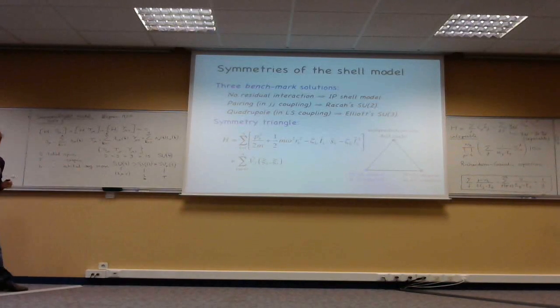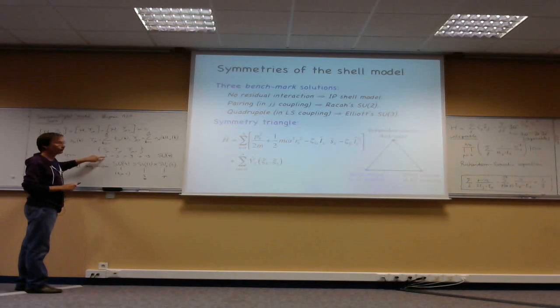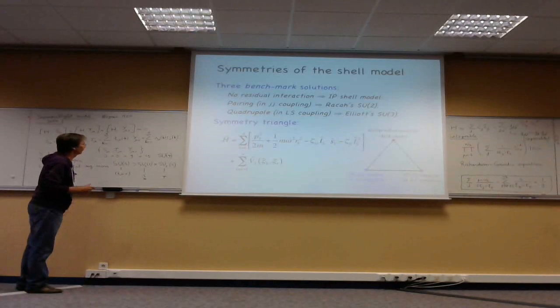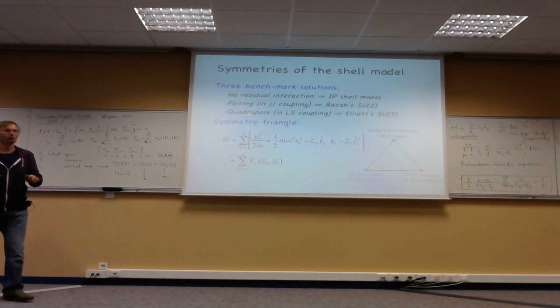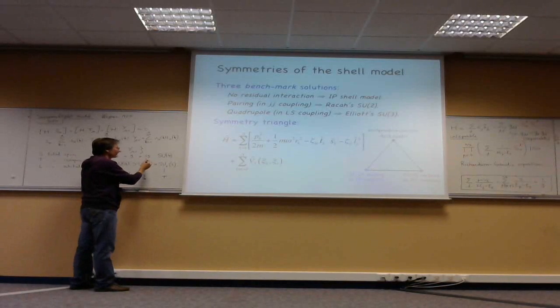Yes? Sorry, because I didn't get it. Could you tell us more why it's SU4? Oh, because this is 3 operators, this is 3 operators, these are 9 operators. You have 3 components here, 3 components here. So that's 3 plus 3 plus 9 is 15. I mean, this is a poor proof. But you just count the generators. It's 15.